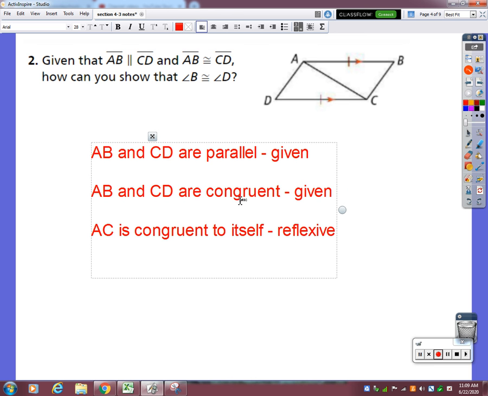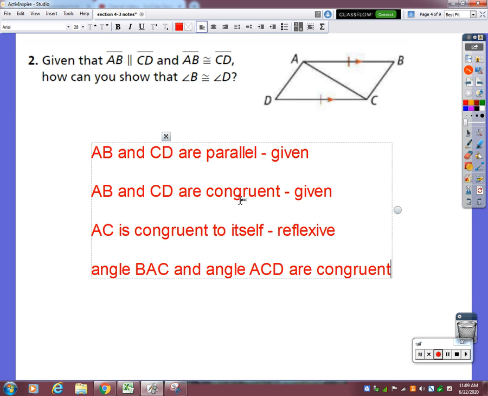Then I know that angle BAC and angle ACD are congruent to each other, and that is because they are alternate interior angles.